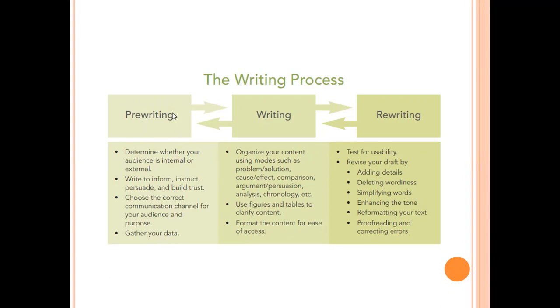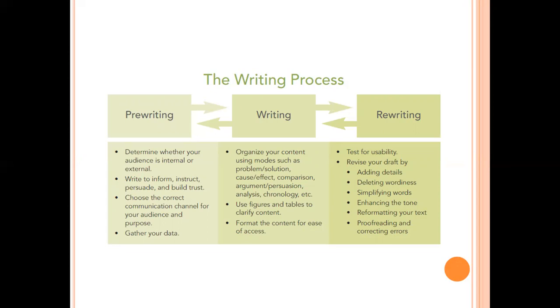Gather your data. When this pre-writing stuff is done, you then move on to writing, which requires you to organize your content using modes such as problem solution, cause effect, comparison, argument, persuasion, analysis, chronology, etc. These are the ways. Then use figures and tables to clarify the content.